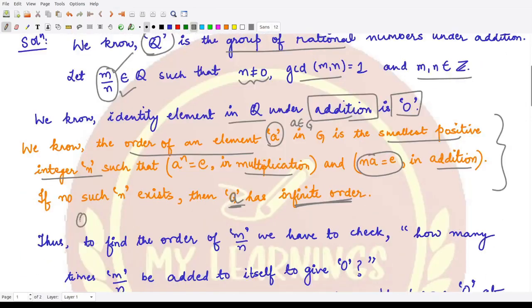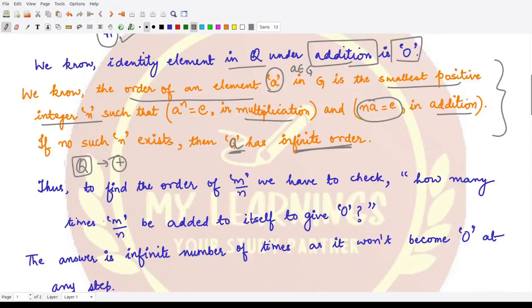Let's first talk about Q, the group of rational numbers under the group operation of addition. In order to find the order of each element of this kind, m upon n, we have to answer this question: how many times we have to add m upon n to itself so that we obtain 0? So m upon n plus m upon n plus m upon n and so on.